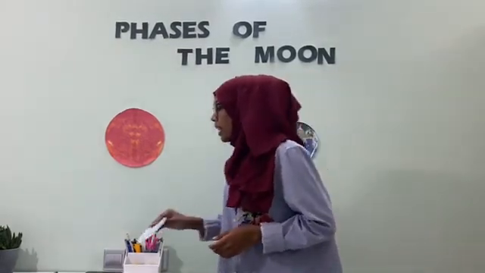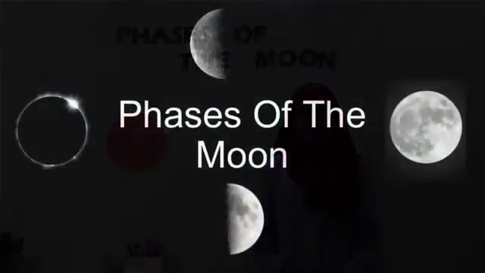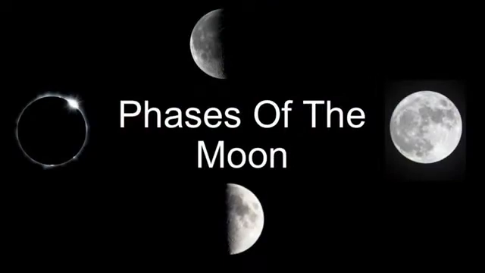In that PPT I have included all 4 phases of the moon and a little description about them. So now let's see the PPT. Students, can you please note down the important points from the presentation in your science exercise book?